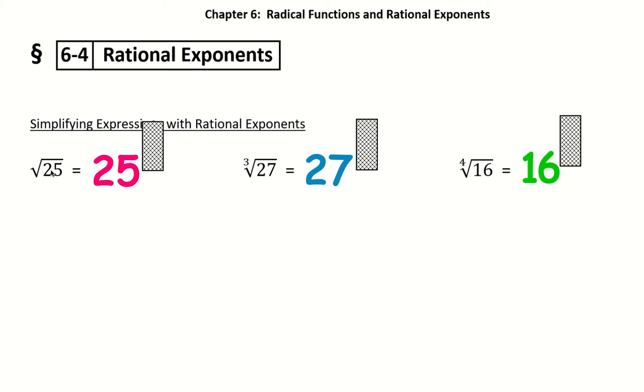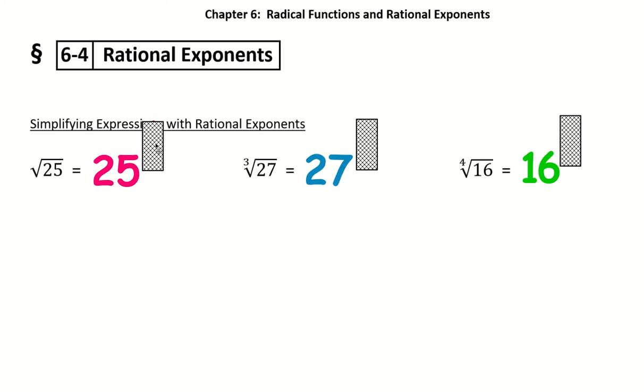I don't know if you were aware of this, but the square root of 25 is actually equivalent to 25 to a certain power, okay? In other words, there is a certain power, an exponent, that if you raise 25 to that power, it means the same as a square root.